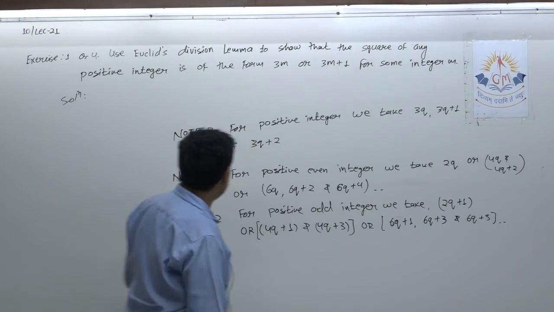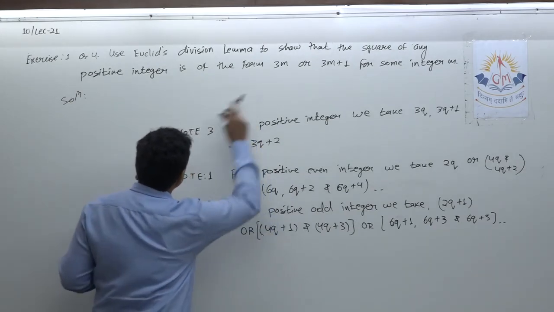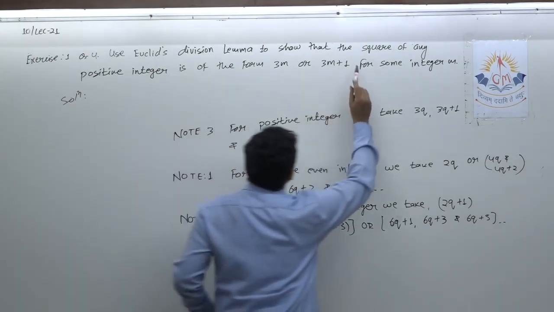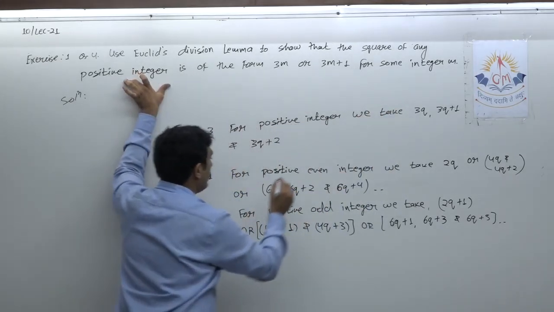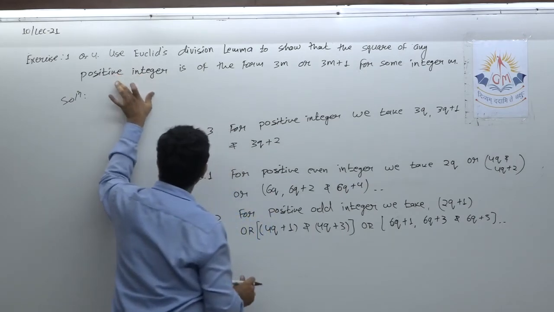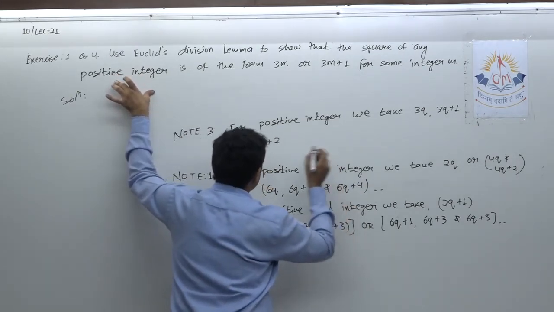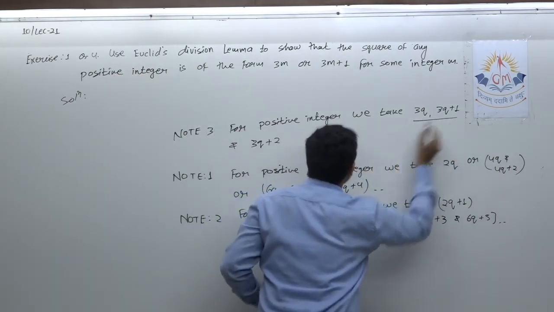So note down these three notes and then we'll see this question, because over here we have to show the square of any positive integer. They are not saying that we have to take an even integer. They are also not saying that we have to take an odd integer. So we'll go with these three.